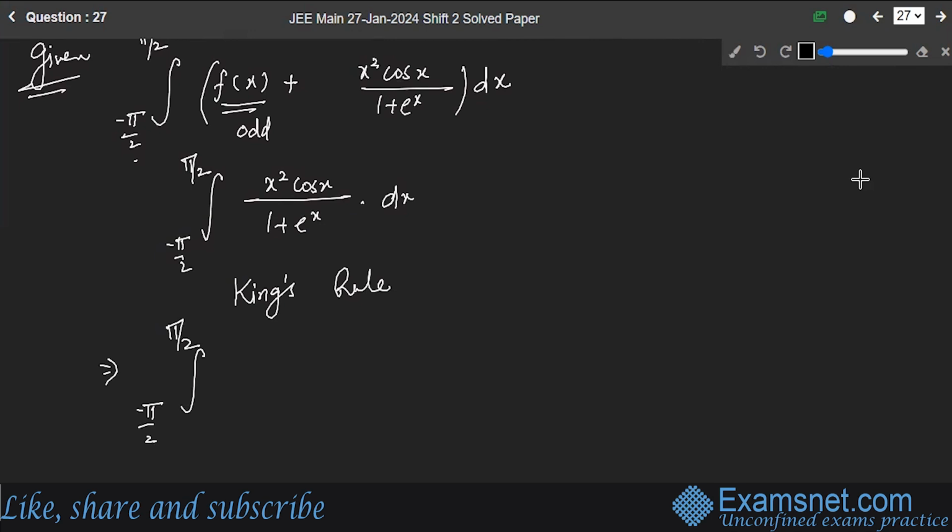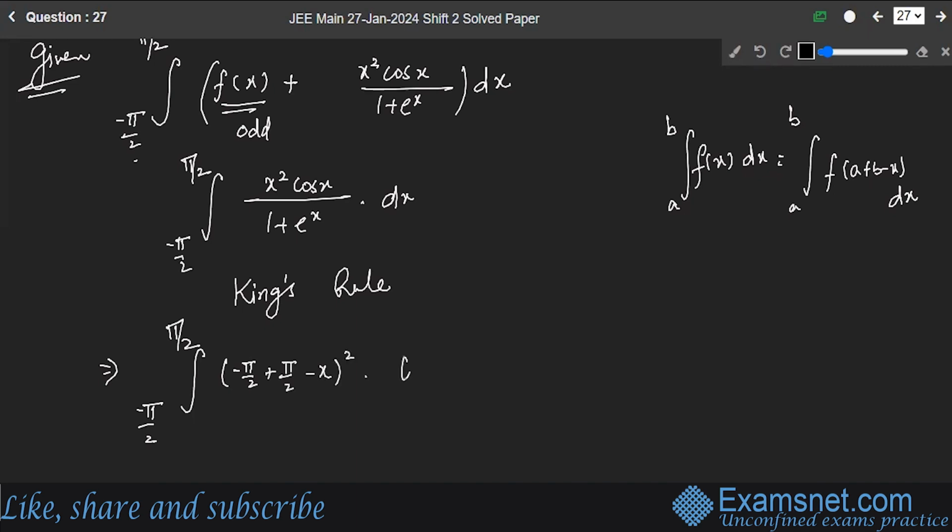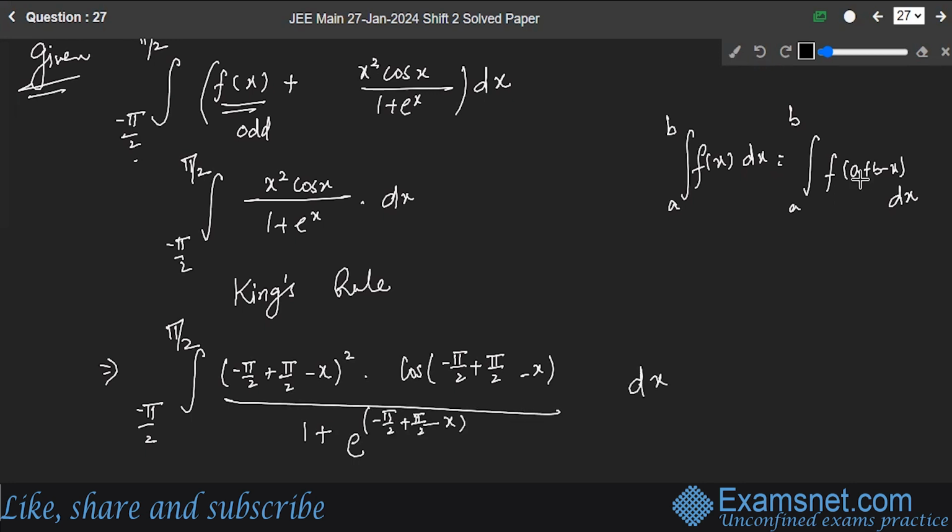See, what is the rule that I hope you know: if limits a to b, f(x) dx is equal to limits a to b, f(a plus b minus x) dx. So this makes minus pi by 2 to pi by 2, (pi by 2 minus x) whole square into cos(minus pi by 2 plus pi by 2 minus x) divided by 1 plus e raised to power (minus pi by 2 plus pi by 2 minus x) dx.